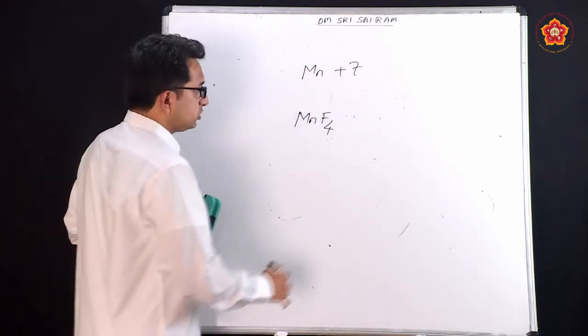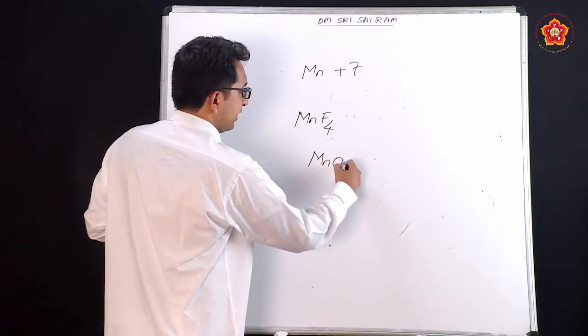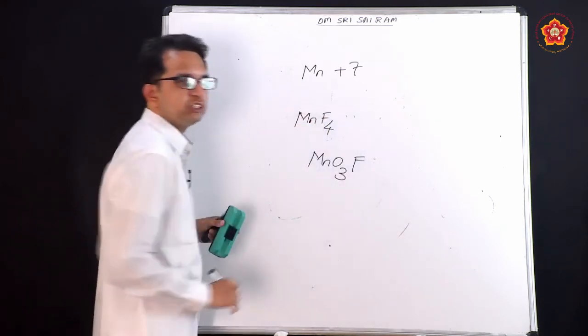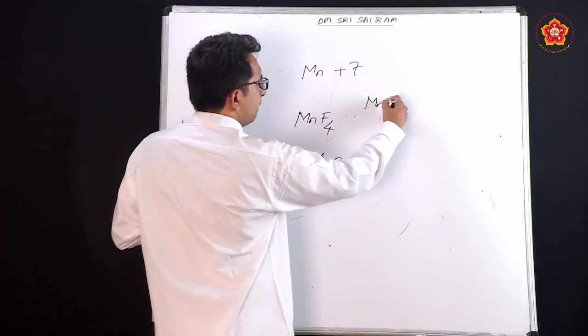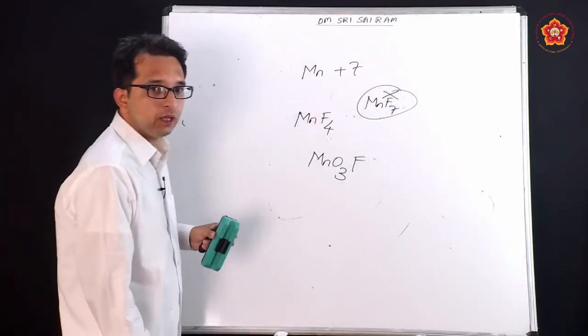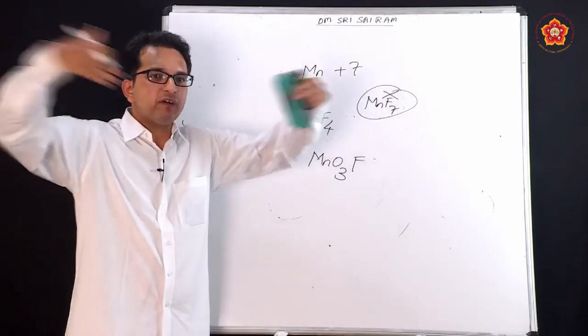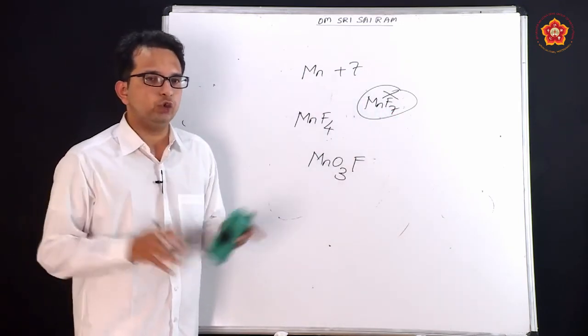Now, this is because the highest possible halide is a combination of oxygen and fluorine. You may not find a compound MnF7 overall. This is not possible because the stability of 7 incoming fluorines to the manganese is difficult to manage.